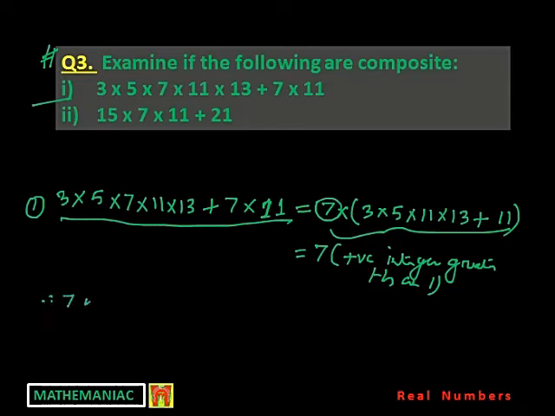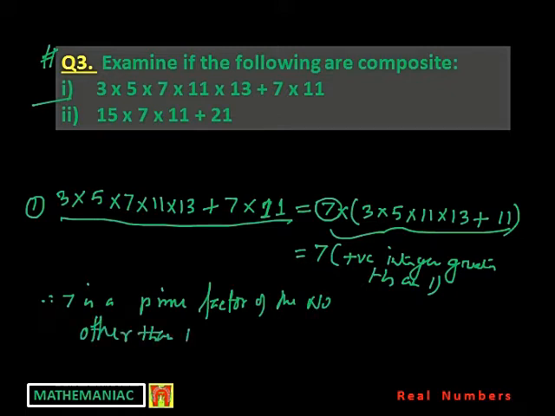Therefore, 7 is a prime factor of the number other than 1 and the number itself, right? So if this happens, what should be your conclusion? This should be composite, right?